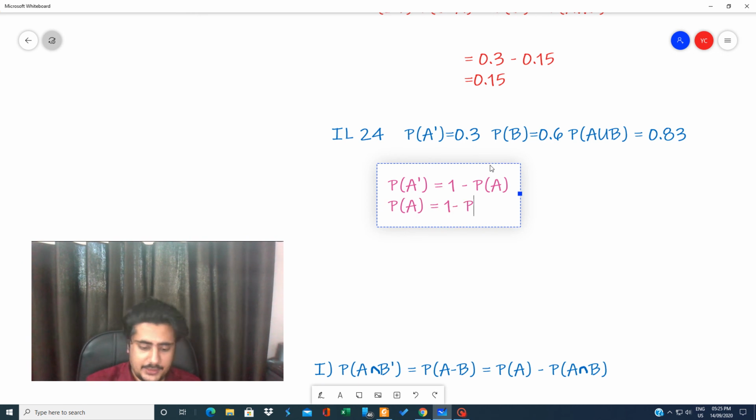Yes, obviously. So if I want to find P of A, it is 1 minus 0.3, that is 0.7.